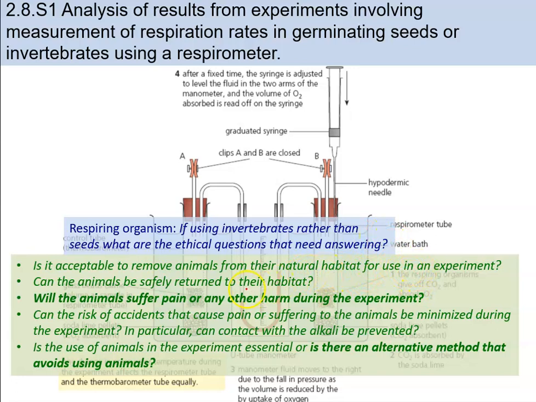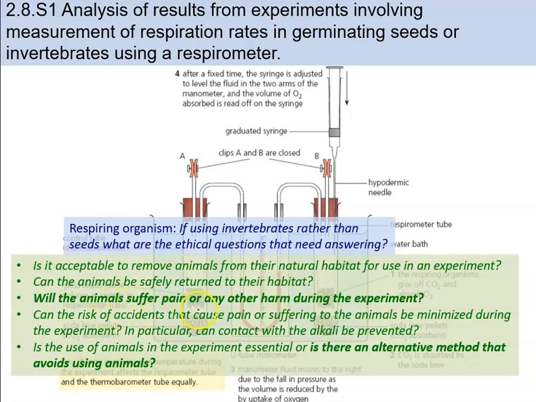No, we cannot do that in IB, but you can do it in university when you go there, just not in IB. Can the animals be safely returned to their habitats? That's what you have to answer. If you can use an insect or any animal that you can safely return without any harm, then you have to prove it, and then no problem with your IB experiment.